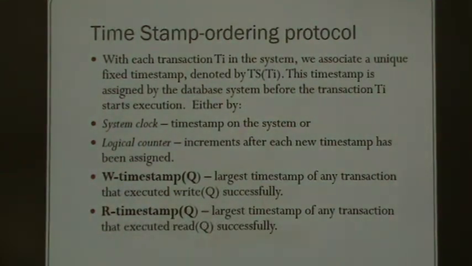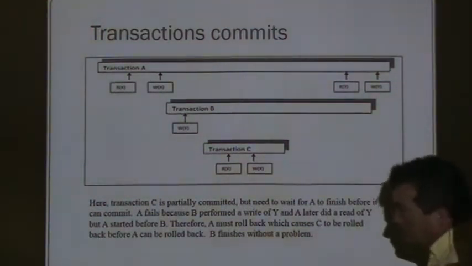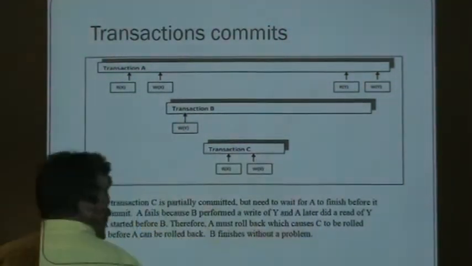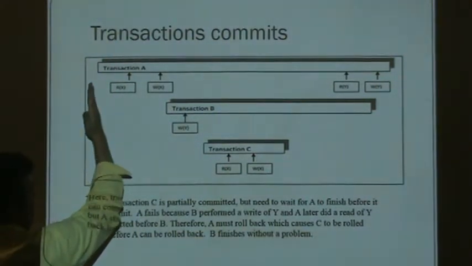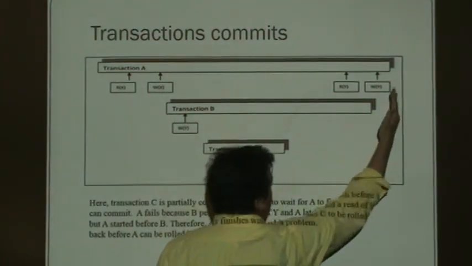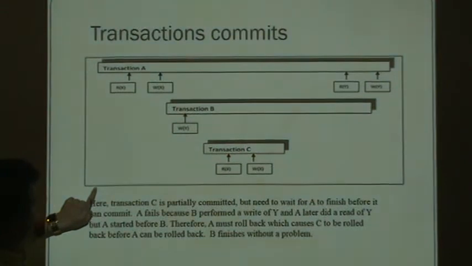So the idea in this protocol is that, let's say for example, we have a transaction A. Time is going this way. Transaction A starts at this point in time.